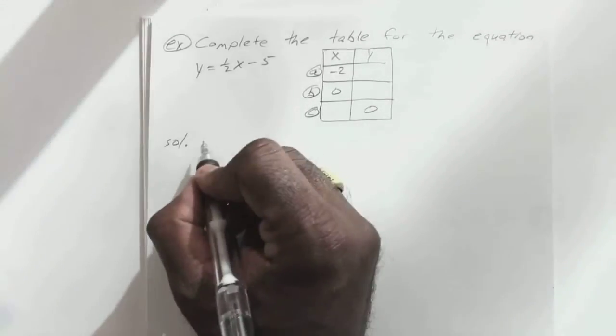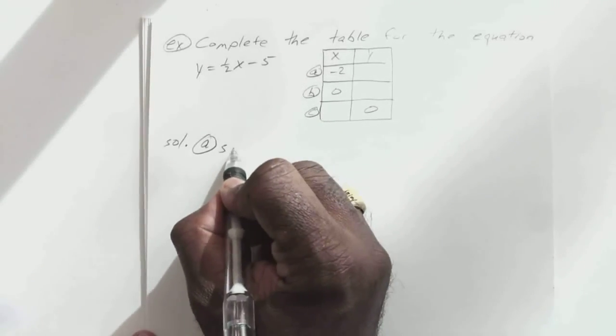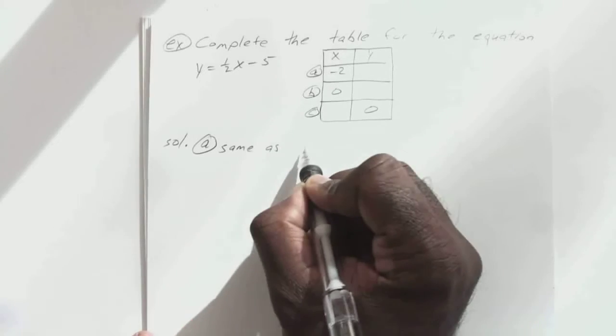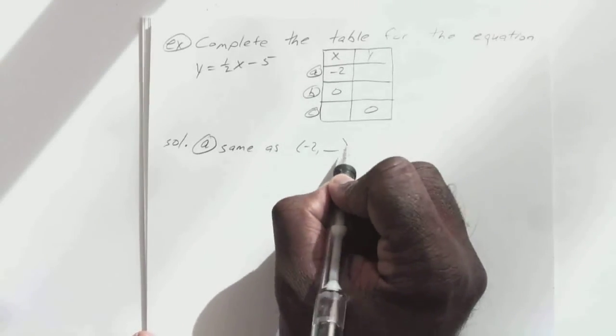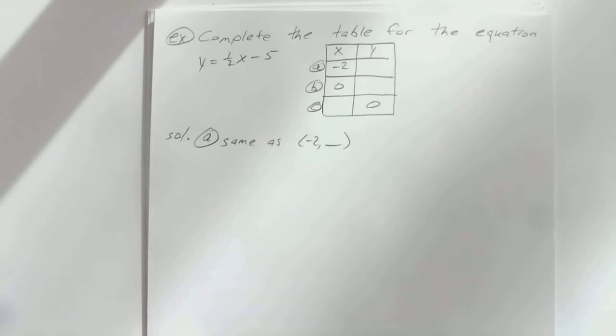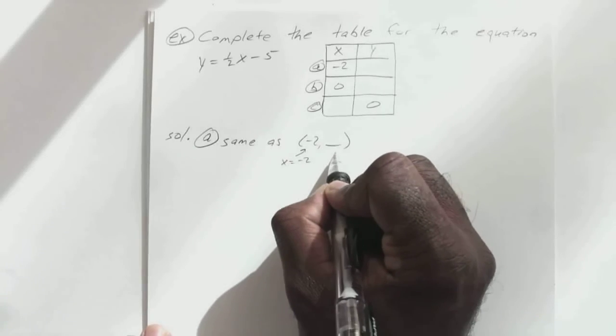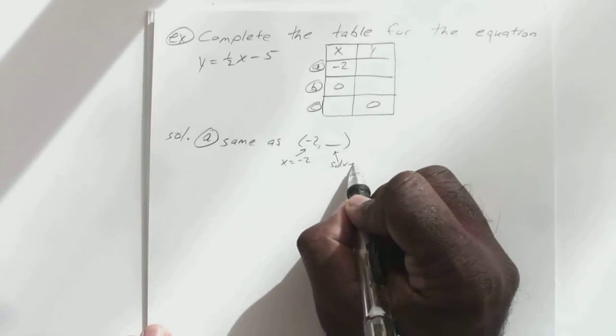Okay, so for A, we already know that's the same as -2 and some unknown y. Which means that we know that x is equal to -2, and we have to solve for y.